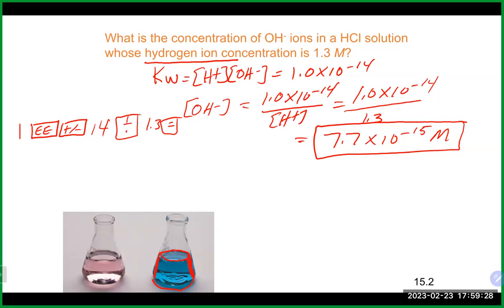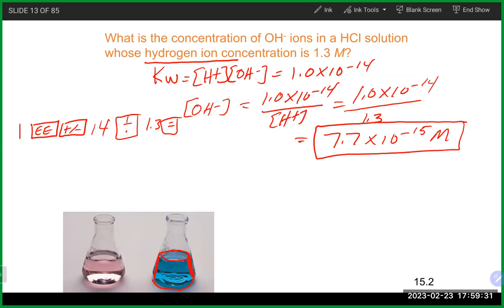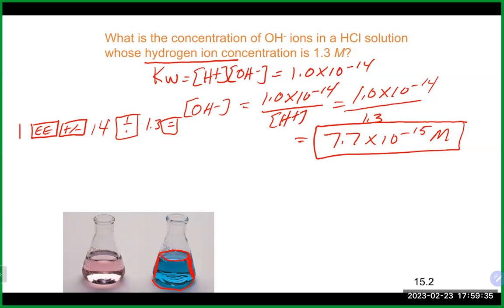Now, what we want to do at this point is, since we have the H plus concentration, which is the acid part of the solution, and we have the OH minus concentration, which is the base part of the solution, we actually want to compare those two. So H plus concentration versus OH minus concentration. Which one is larger here? So we're comparing this concentration to this one.